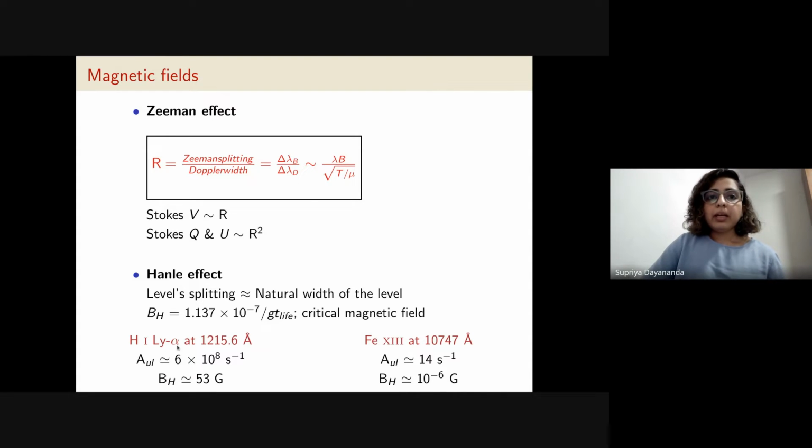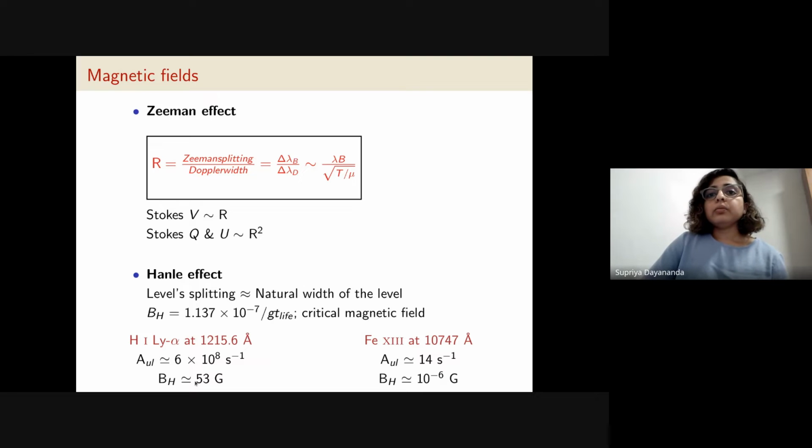For the Lyman alpha line of hydrogen, the radiative transition coefficient is quite high, around 10 power 8 per second, and it gives a sensitivity of 53 Gauss for the Hanle effect.